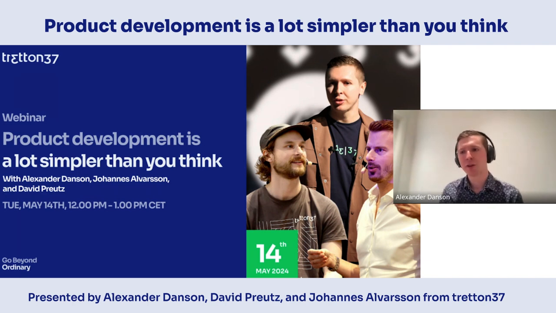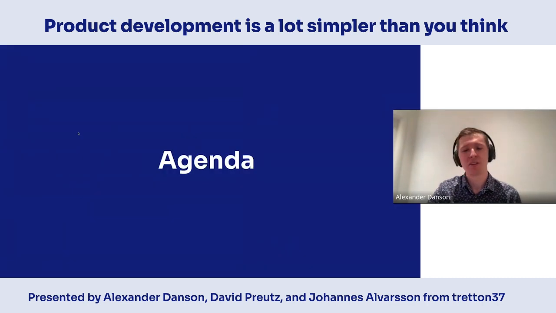The first thing we want to talk about is what actually is product development. Before I get into that, just to give you an overview of the discussion, I'll talk about the agenda a little bit as well. We're going to go first into what we mean when we're talking about product development.